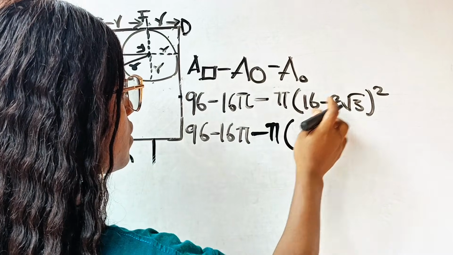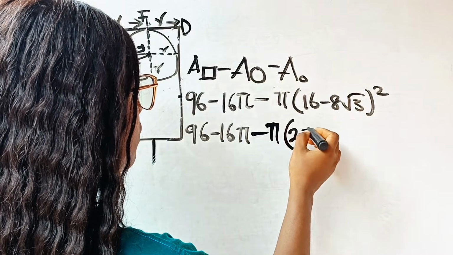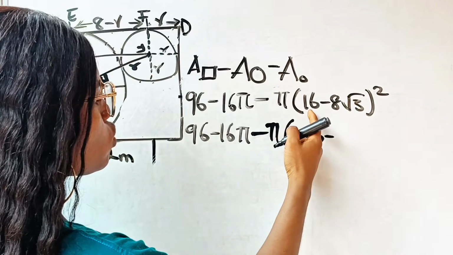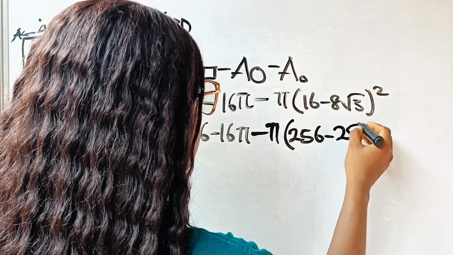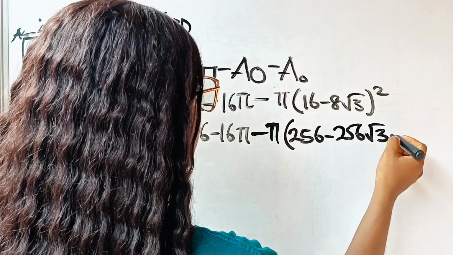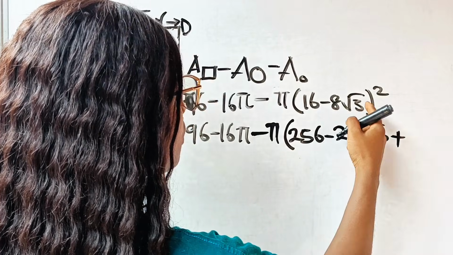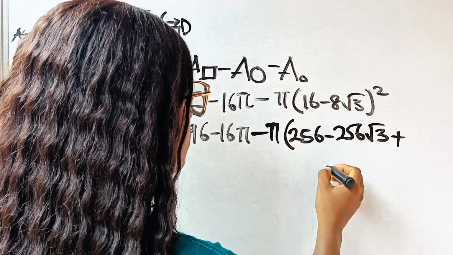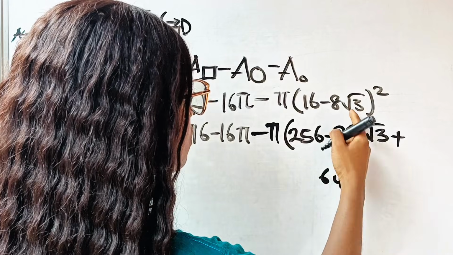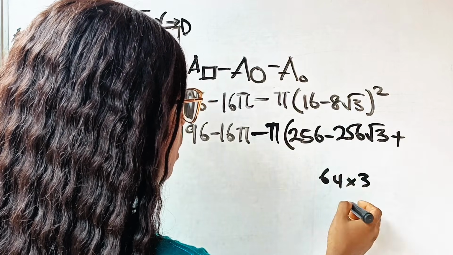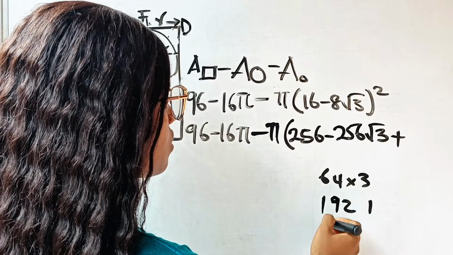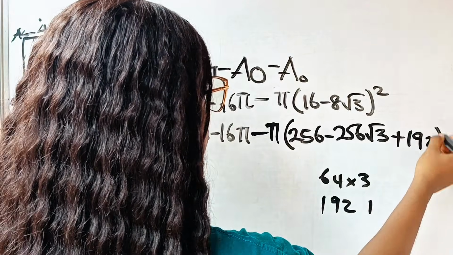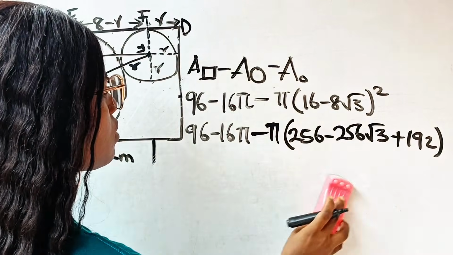To expand this, we have 16 squared, which is 256, minus 2 times 16 times 8 root 3, which will give us 256 root 3. Then plus 8 root 3 squared, that is 8 squared will give us 64, times root 3 squared, which is 3. 3 times 4 is 12, carry 1. 3 times 6 is 18 plus 1, 19. So we have 192. All right.